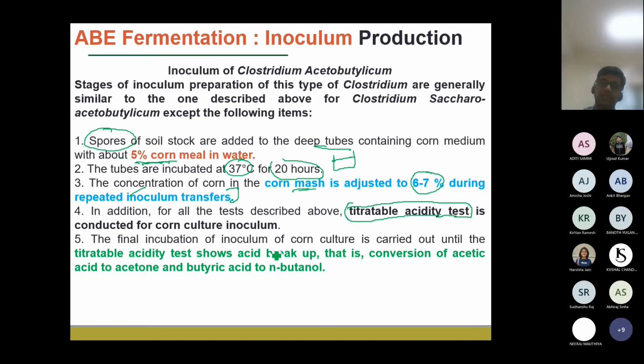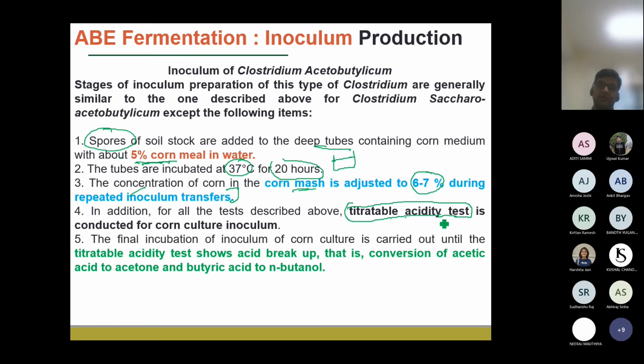If you see what is produced in this fermentation, we have acetic acid, butyric acid, ethanol, acetone, and butanol. Acids release their protons very easily, so the titratable acidity test means that the protons released by the acetate or the butyric acid can be measured.